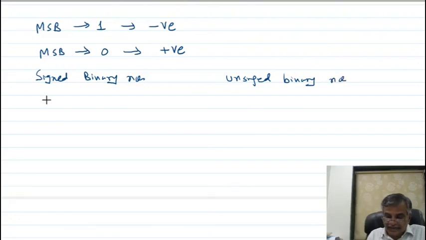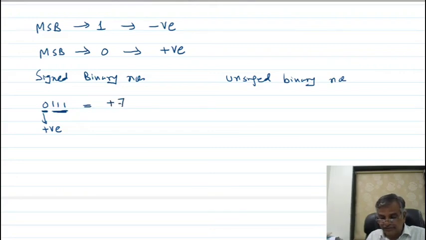For the sign, I can write 4 bits: 0111. It means the 0 represents a positive sign, and the remaining bits represent the magnitude, which in decimal is plus 7.